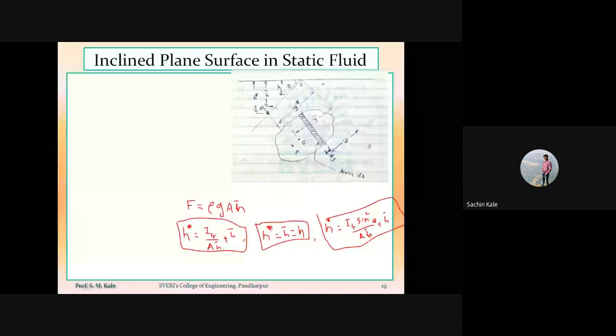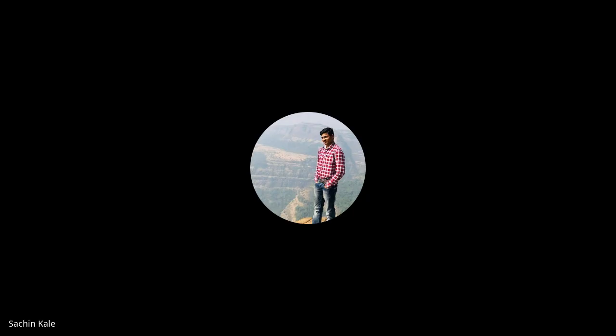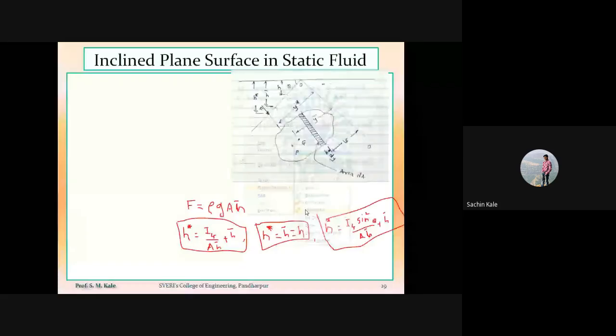In these formulas, whatever rho term is there, that rho is called as a what? What is meant by rho? What is that rho?